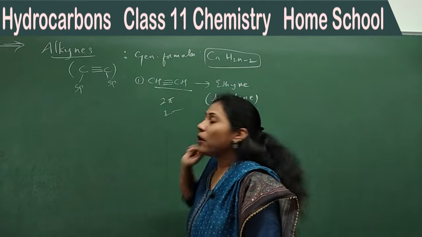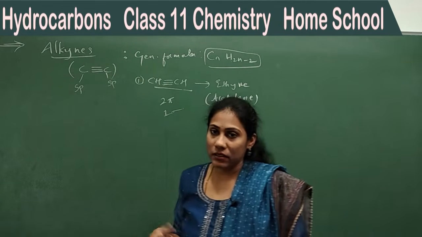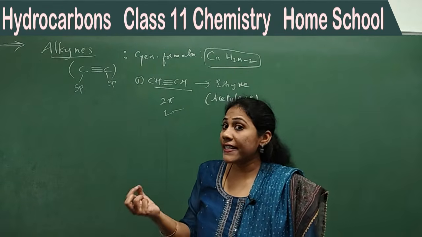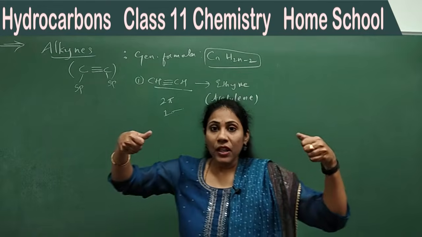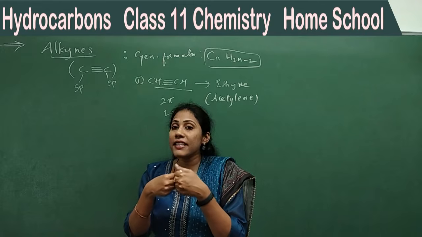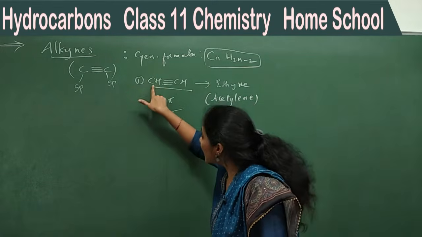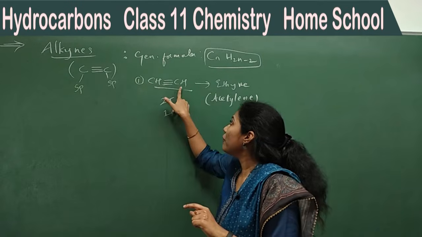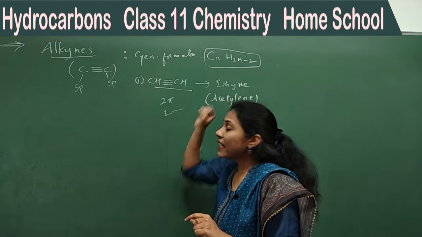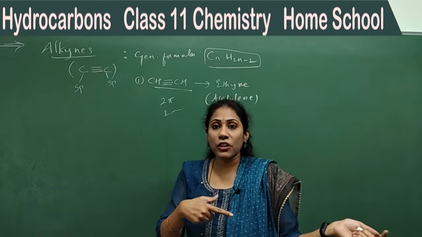Sigma bond is formed by hybrid sp orbital, yes or no? So sp hybrid orbital overlap, end on end overlapping, leads to the formation of sigma bond, and 2 unhybridized orbitals you will have on both carbons. So they will overlap sideways, and that leads to the formation of pi bond.